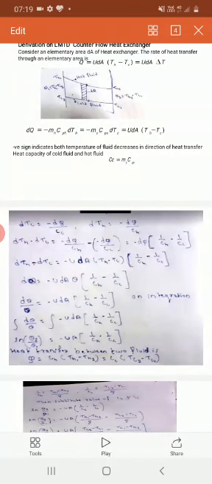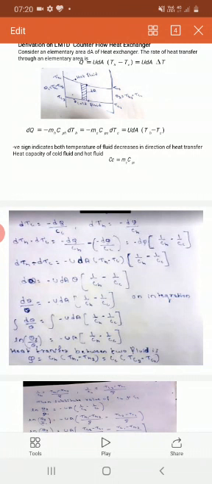dTh minus dTc is equal to, substituting those values, minus U dA (Th - Tc)(1/Ch - 1/Cc).